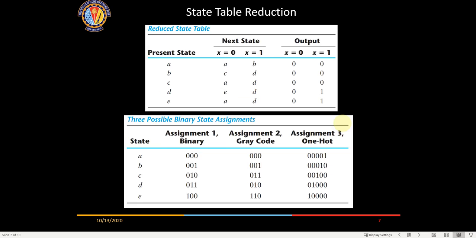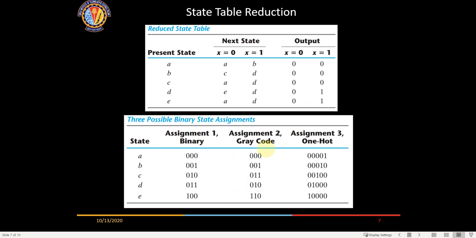Similarly, coming back here, you can assign any kind of values. There is no fixed rule for that, nor has it been proved that one of these techniques is better. It depends on the problem. In a particular sequence, this could give the best results, and for a different problem, this could give the best possible combinational logic, taking the least number of gates.